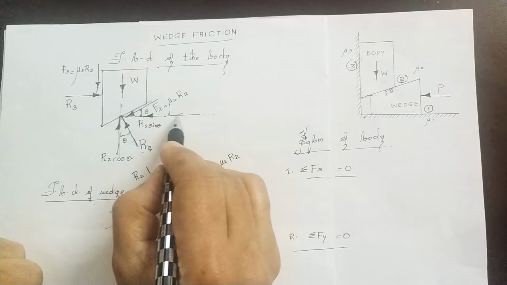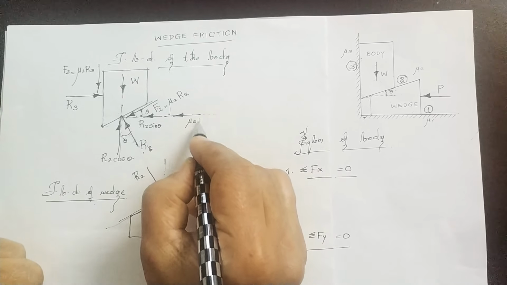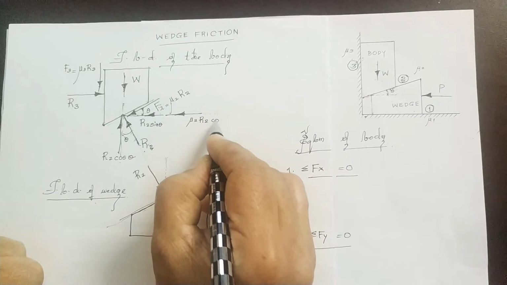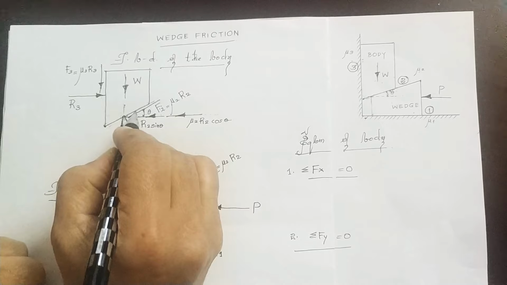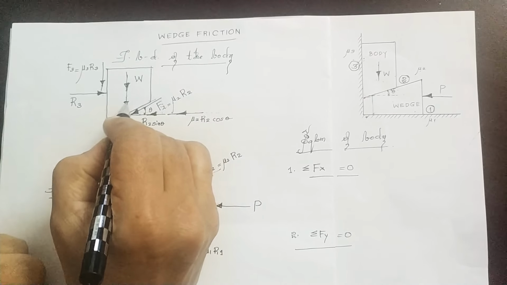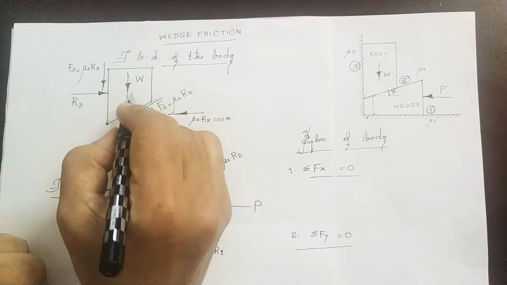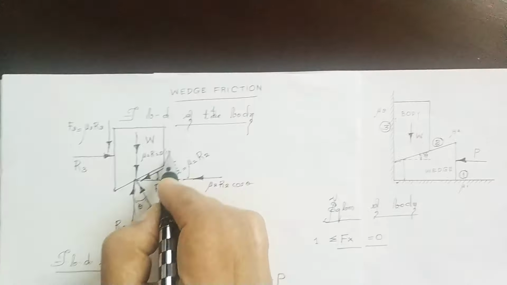So the horizontal component I'll write as mu2 R2 cos theta. And the vertical component, the arrowhead is like this, so this is how you resolve it downwards. So this is mu2 R2 sin theta.